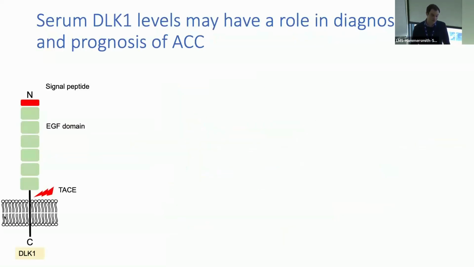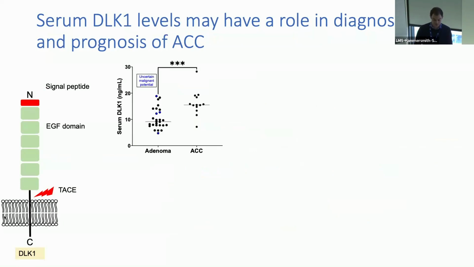And as part of the work done in this, we collected some serum samples in 2 different cohorts. There was a prospective London cohort of all patients undergoing adrenalectomy at our centre, and then some patients undergoing adrenalectomy for suspicious adrenal lesions here and at UCLH.